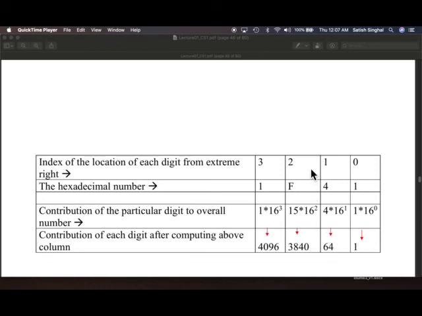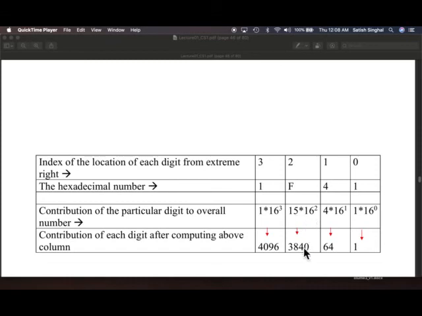Then the position number is 2. The digit is F. I'm jumping ahead of myself. The value of F in decimal is 15. So here we multiply 15 into 16 to the power 2. 16 to the power 2 is 256.